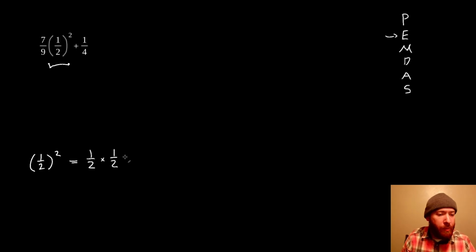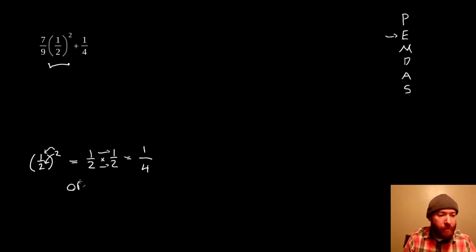And remember that when you multiply two fractions, what you do is you just go straight across the top and the bottom. You can only do this with multiplication, not with addition or subtraction. On the top, we're going to have what is 1 times 1? 1. On the bottom, what is 2 times 2? 4. Another way to get this answer would be to apply the exponent 2 to the numerator and the denominator separately.